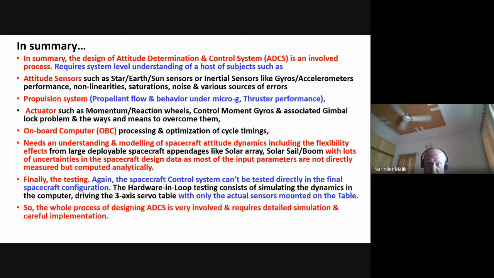So you have to do a lot of polarity tests and make sure that everything is connected correctly. This is not a simple thing. At every stage there is an uncertainty, in design as well, and you need very involved, detailed simulation, careful testing and implementation.